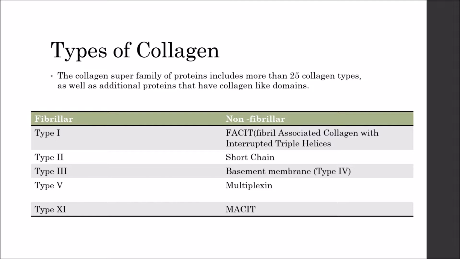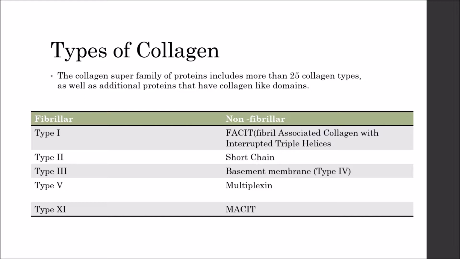Type 2 is usually cartilage. Type 3 is usually reticulate. Type 4 forms the basal lamina, the epithelium-secreted layers of the basement membrane. Type 5 is usually found in the cell surface, hair, and placenta.